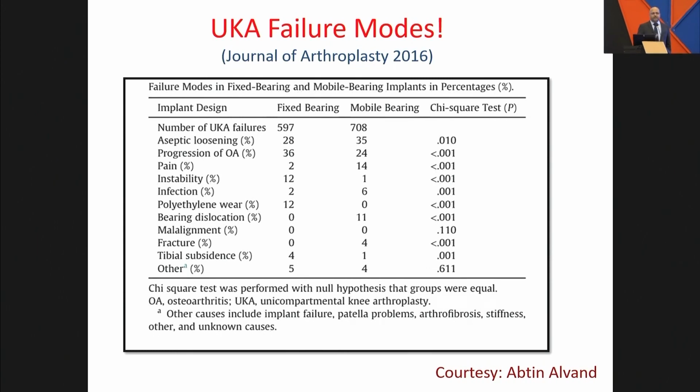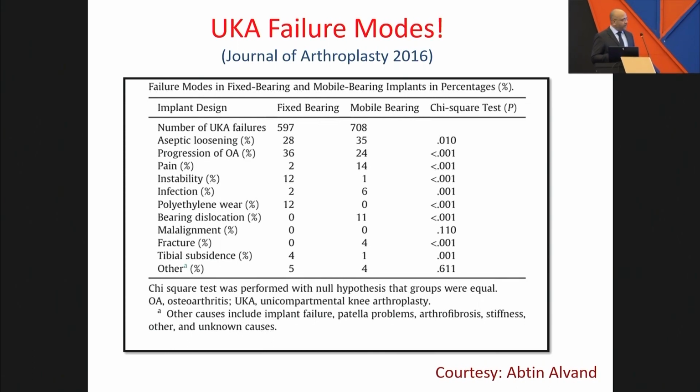So it's the same thing as we discussed, that the fixed bearing design is more likely to have poly wear, and you are likely to have more late failures in the fixed bearing design as compared to the mobile bearing design, but you run the risk of having bearing problems in the initial stages of mobile bearing designs.